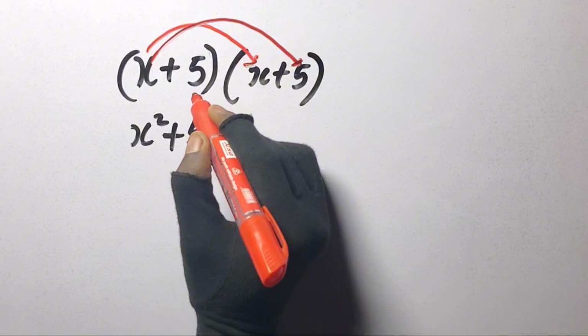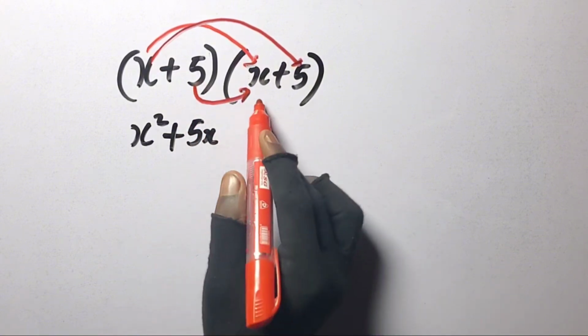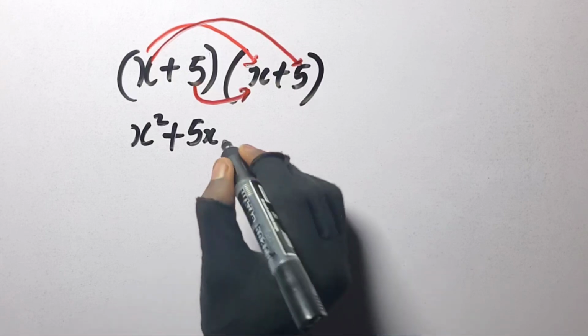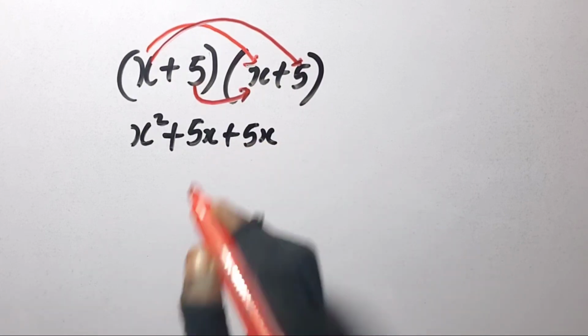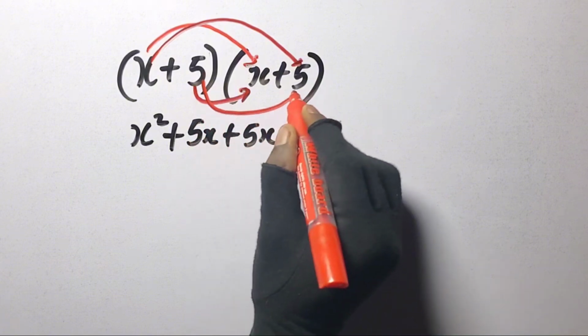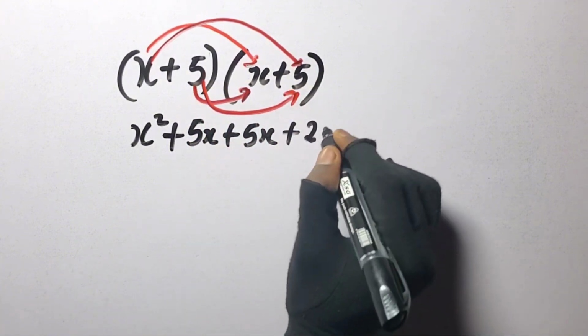Now to the second part: 5 times x, that is 5x, and 5 times 5, that is 25.